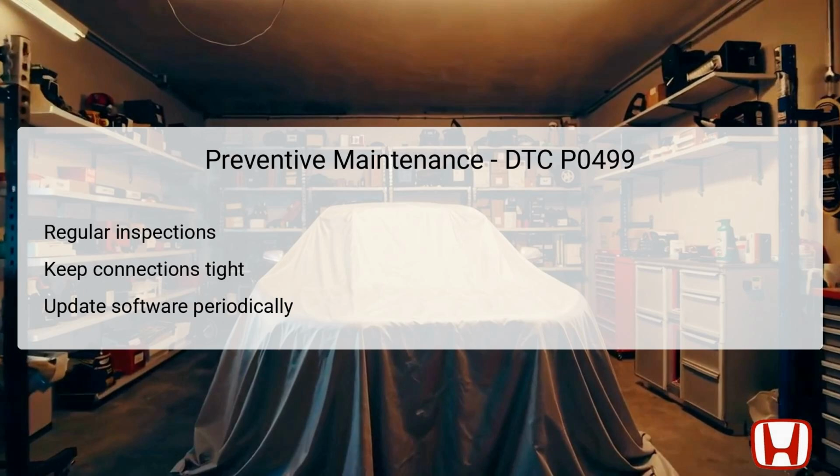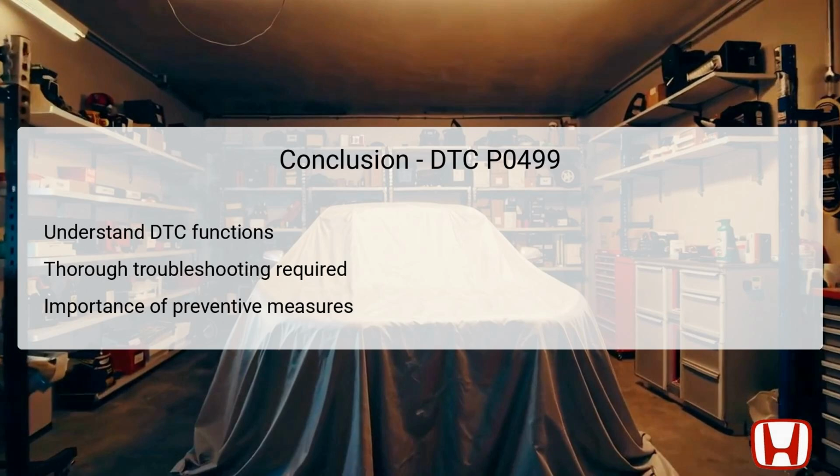Furthermore, making it a point to update the ECM and PCM software periodically safeguards against issues stemming from outdated software that could impair vehicle performance. Implementing these maintenance practices can not only prolong the lifespan of the EVAP system, but can also enhance overall vehicle efficiency.